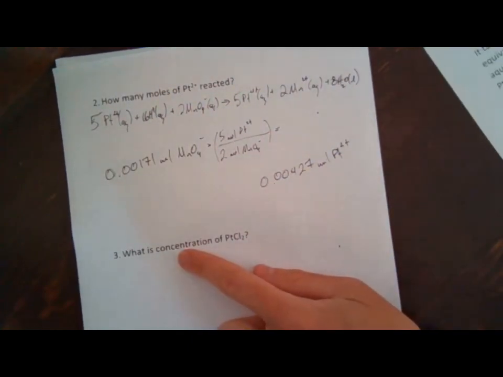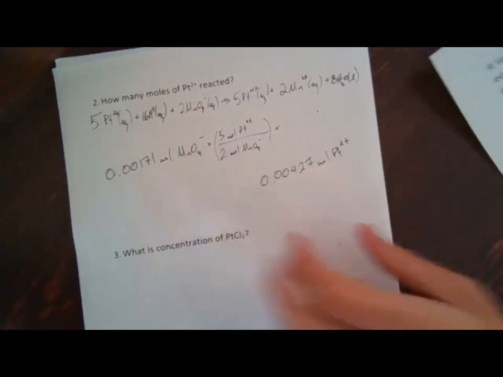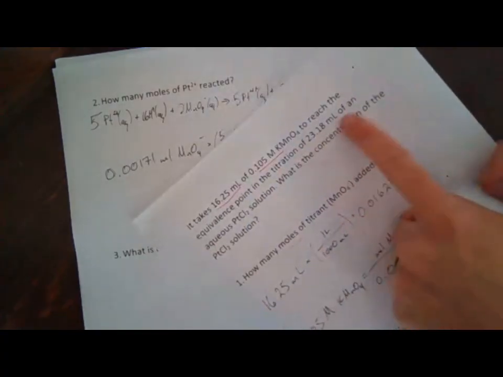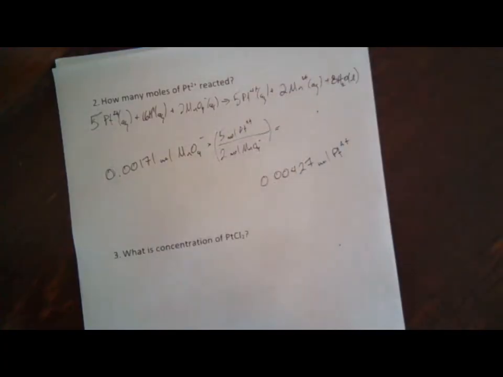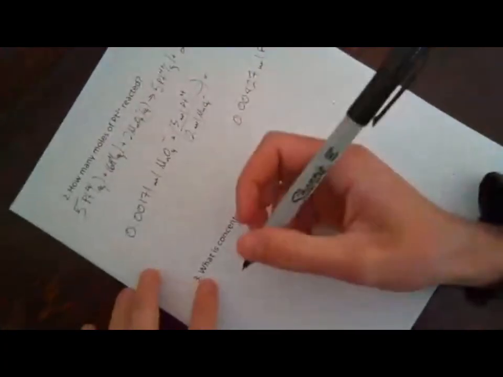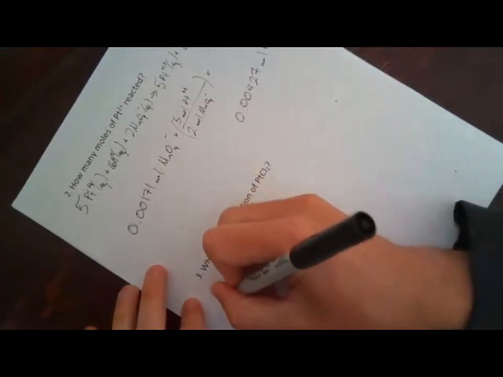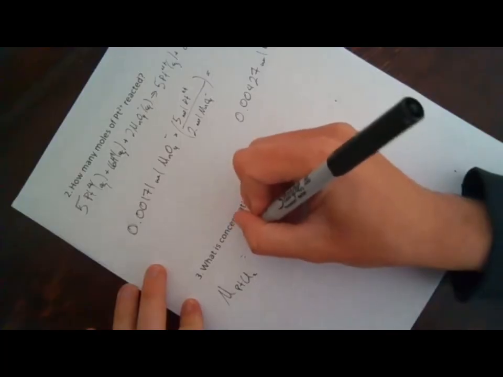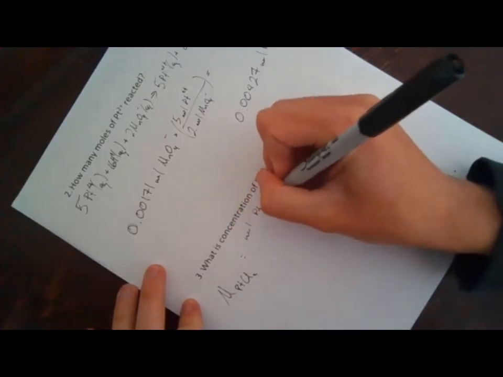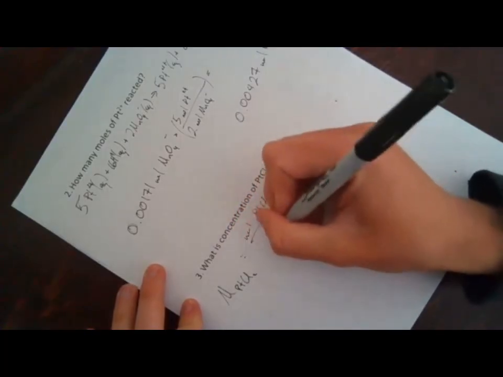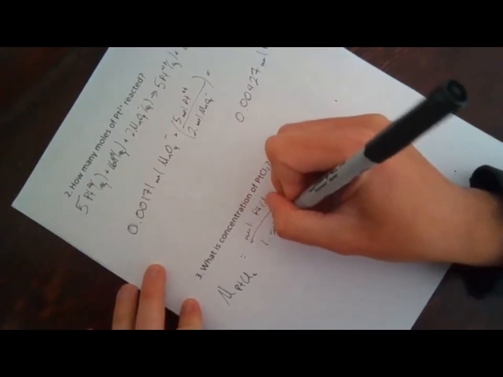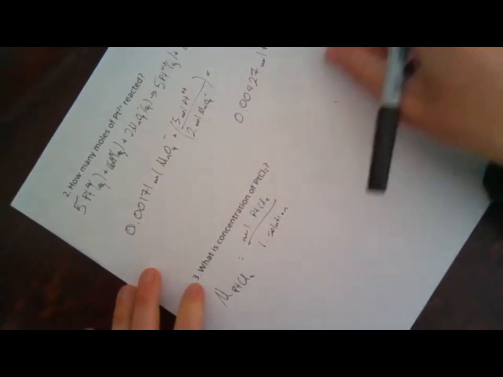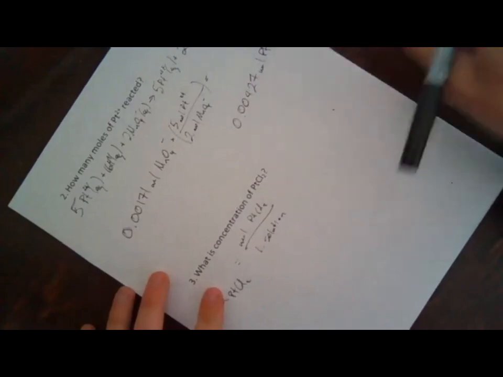Now that we have moles, we want to know the concentration. And so if we have moles and we want concentration, we just need to combine it with the volume of our platinum 2 chloride solution. So if we want the molarity of the platinum chloride, that's going to be moles of the platinum 2 chloride divided by liters of solution. So a couple things that we need to deal with.